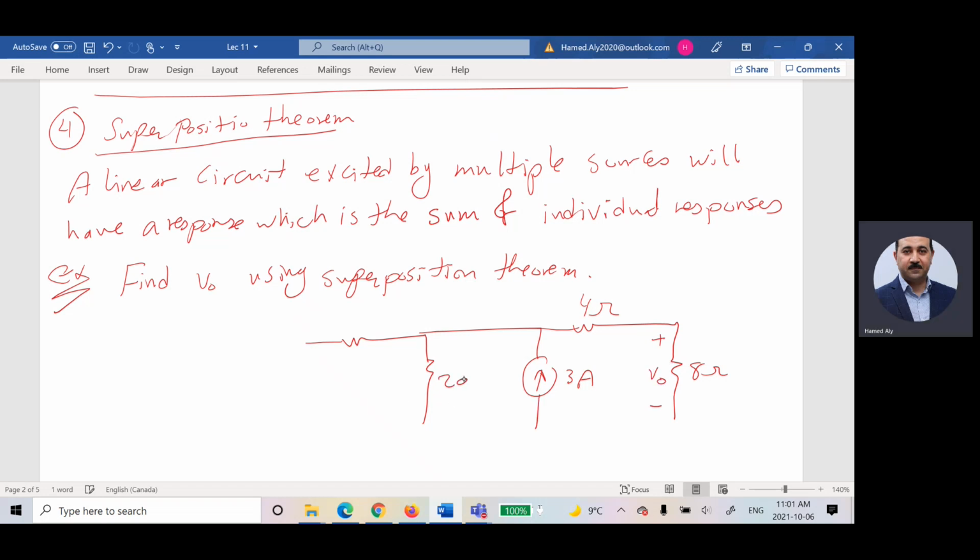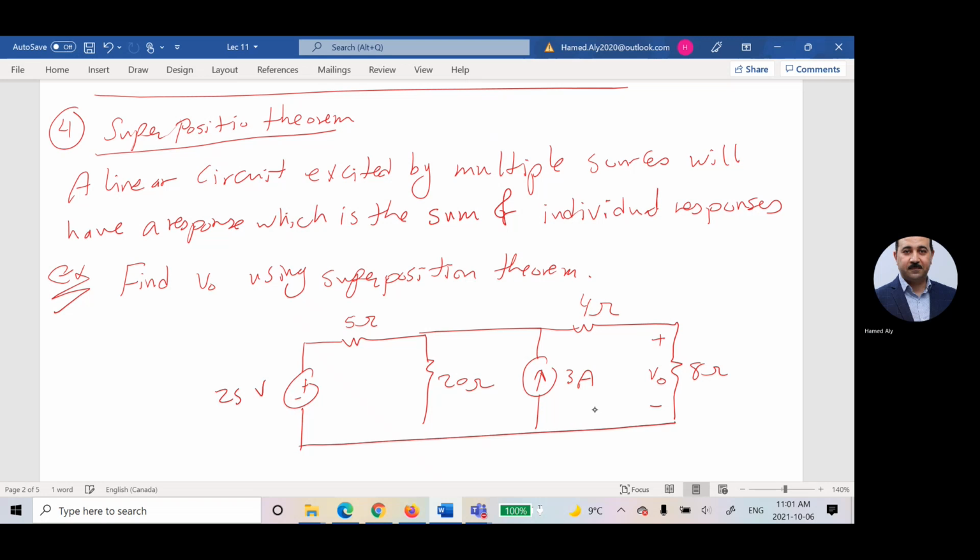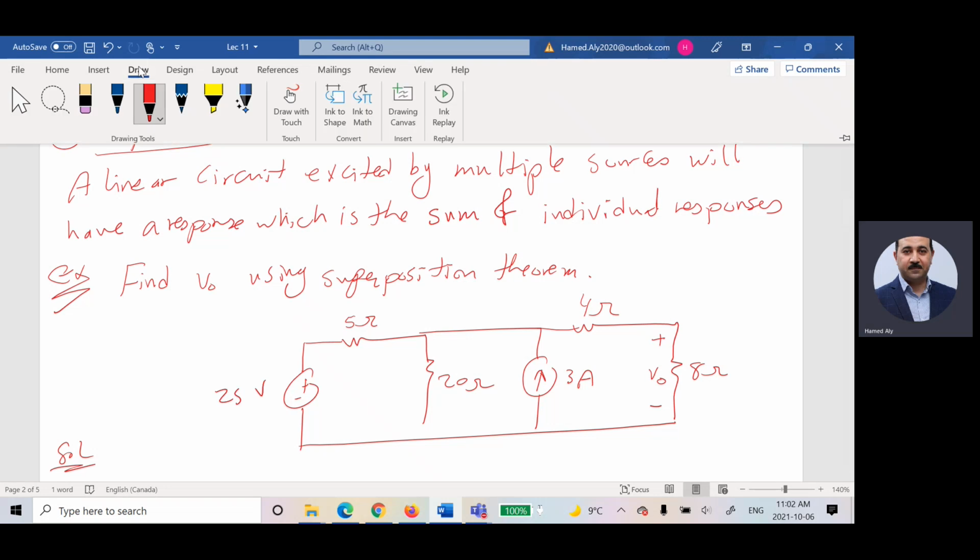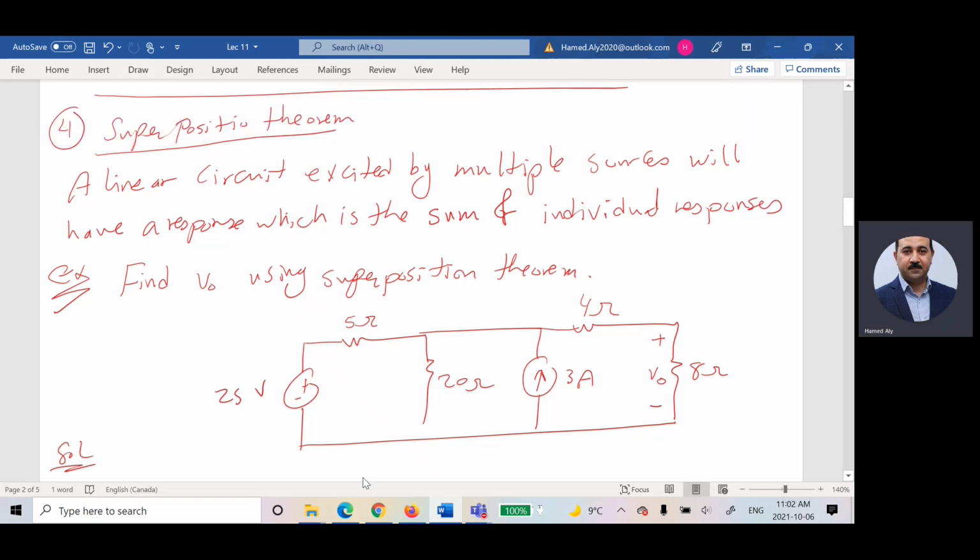This guy is 20 ohms. This is 5 ohms. This guy is 25 volts. And I would like to solve this circuit using superposition for calculating what we are calling the voltage across 8 ohms. Before I start solving the problem, I'd like to talk more about the meaning of superposition theory, how to use it.